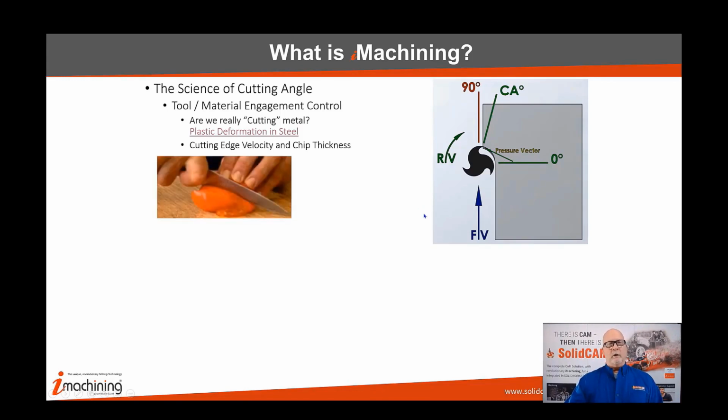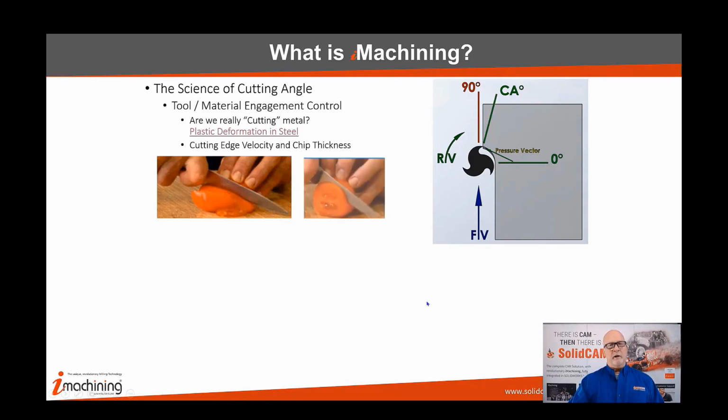And so I want to talk a little bit about the theory of plastic deformation and the latent energy of plastic deformation. One easy way to illustrate this is with a knife on a tomato. If you take a sharp knife and you push straight down on a tomato, it will chop the tomato, but it's going to squish it or deform it when it does it, okay?